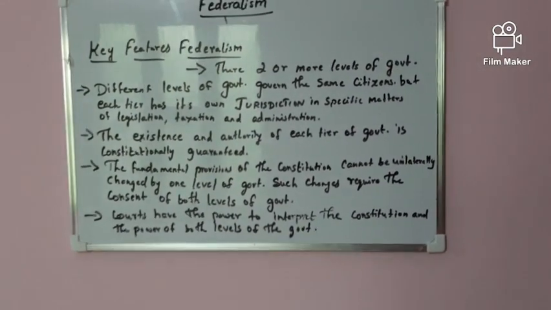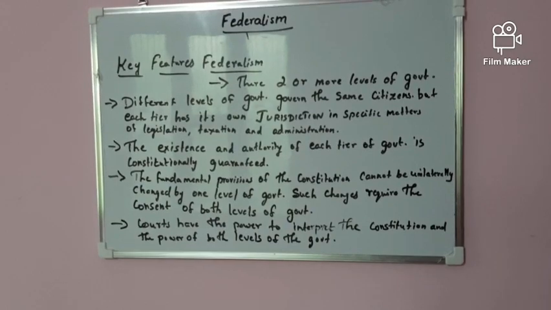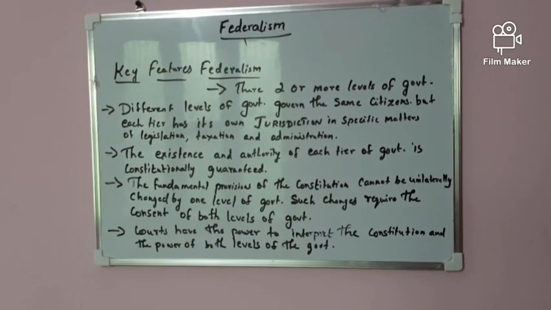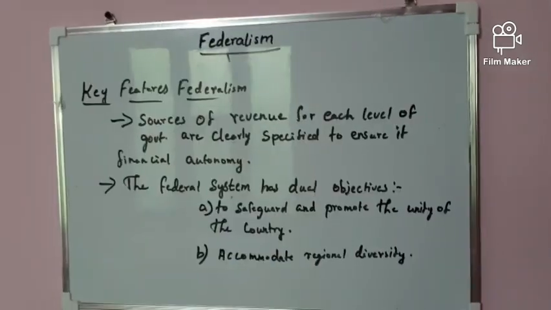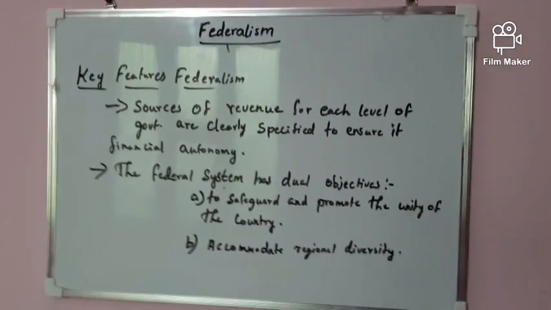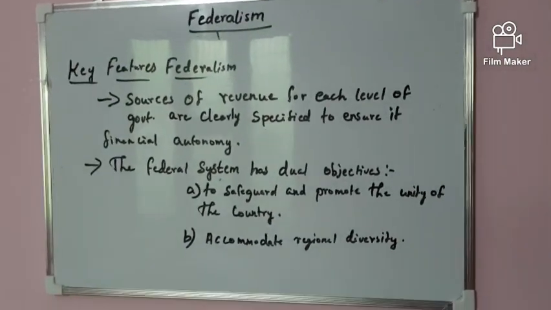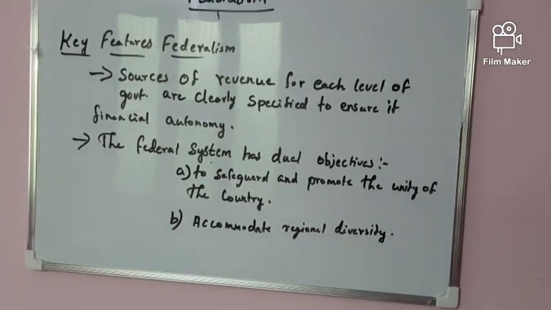I hope you understood. Okay, now we move on towards the 6th and the 7th key features of federalism. So the 6th key feature is that the sources of revenue for each level of the government are clearly specified to ensure its financial autonomy.